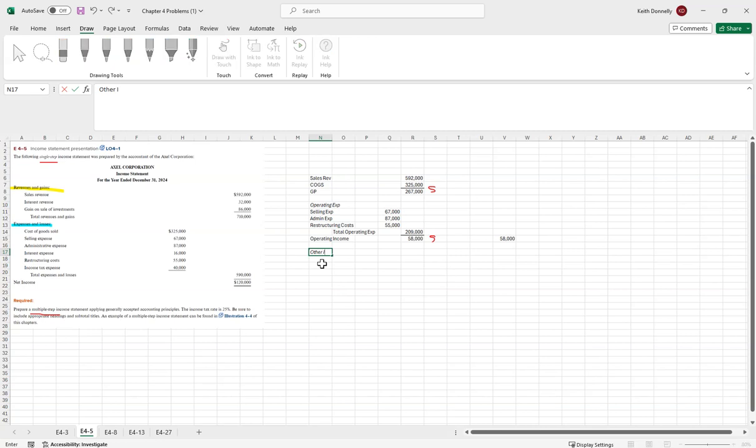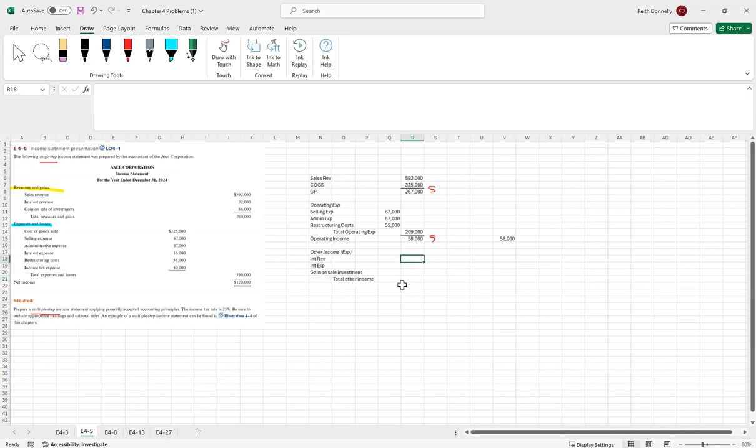So if we look at our other income and expenses, what would this include? The interest revenue, the interest expense, gain on the sale of the investment, that'll get us our total other income.